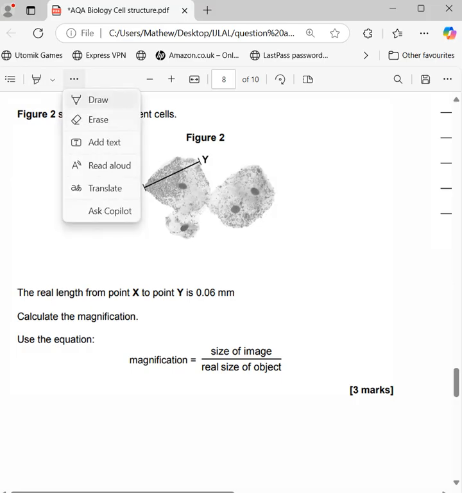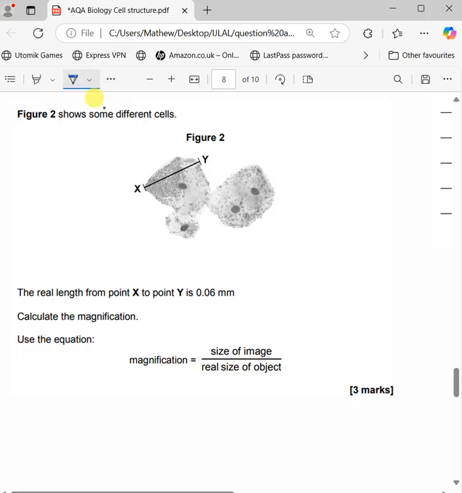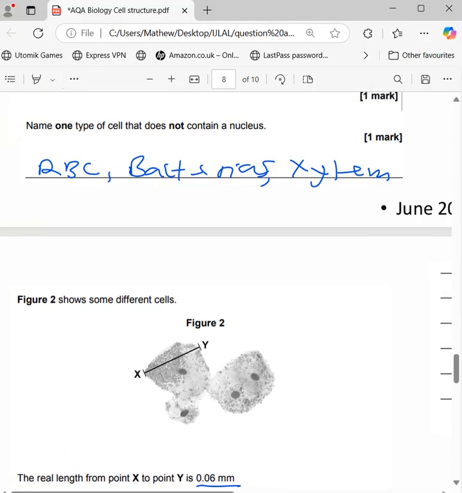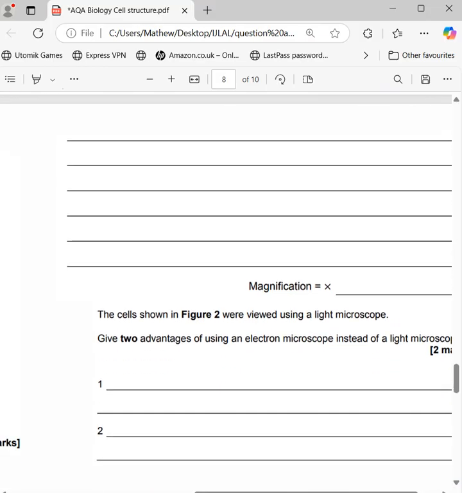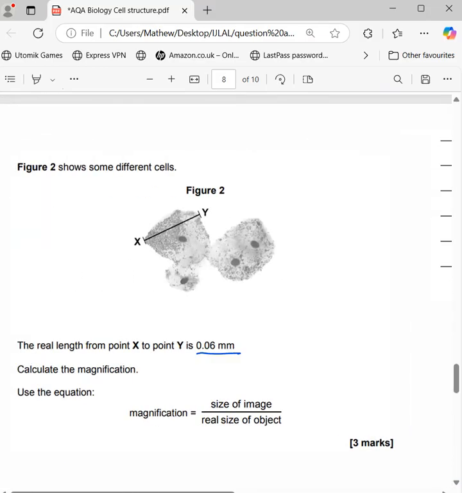So we are told that the distance from X to Y is 0.06. Now calculate the magnification. Use the equation, the size of the image over the real size. There must be something I'm missing here.